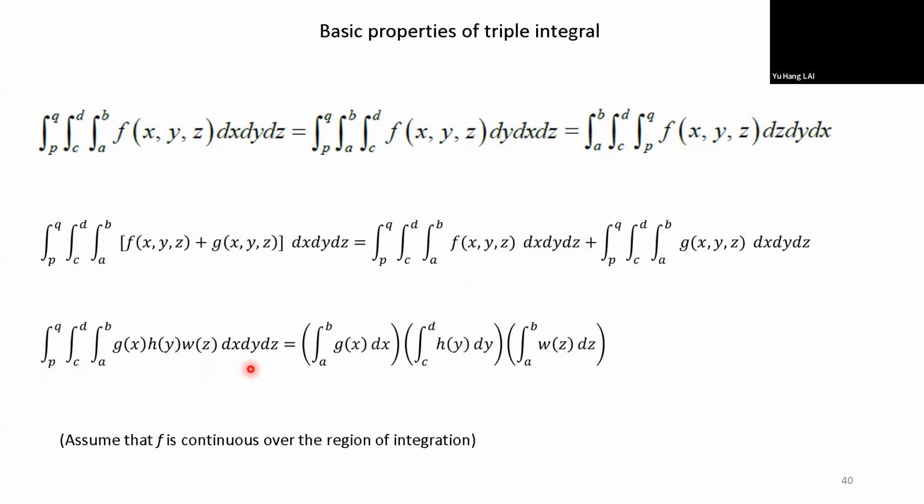And finally, if the integrand of this triple integral can be written as a product of three functions, each only depending on one of the variables, then this triple integral can be written as the product of three one-variable integrals.